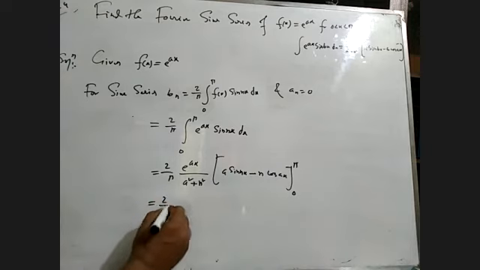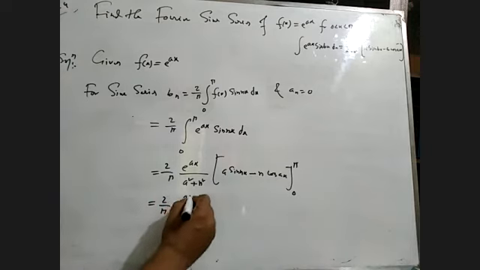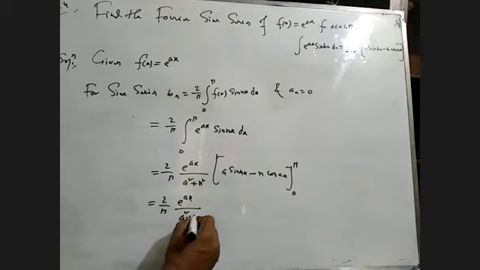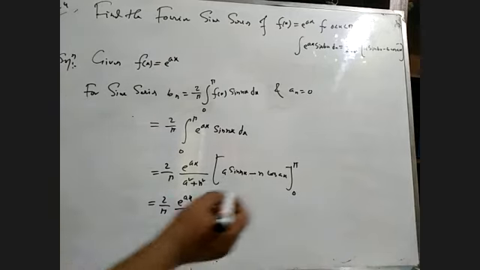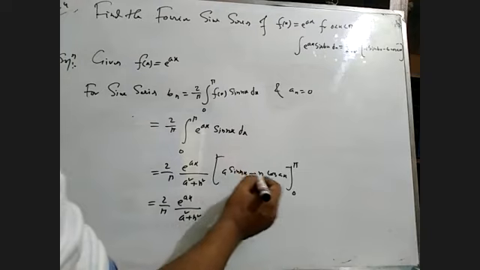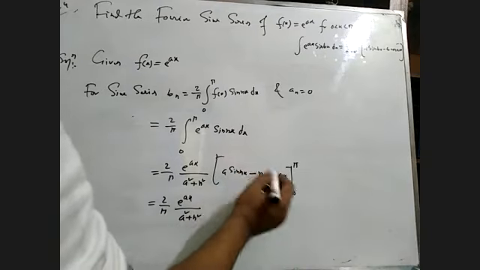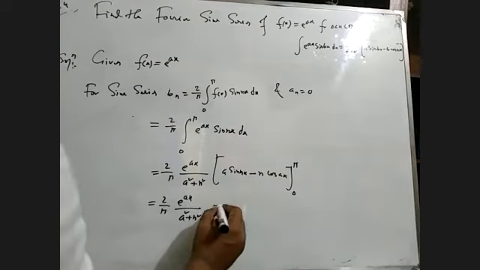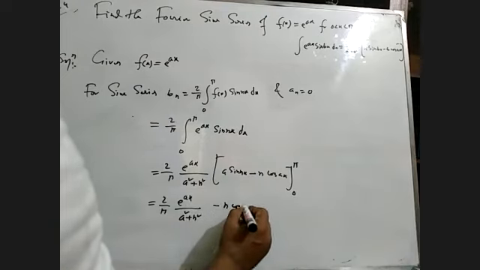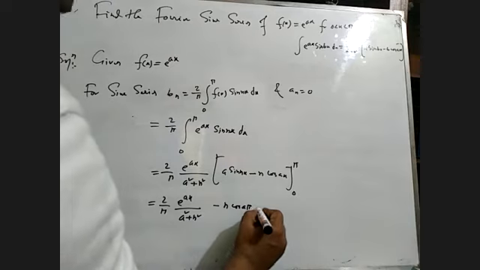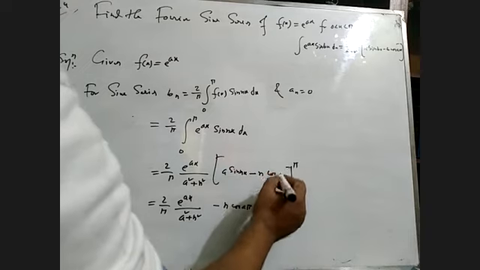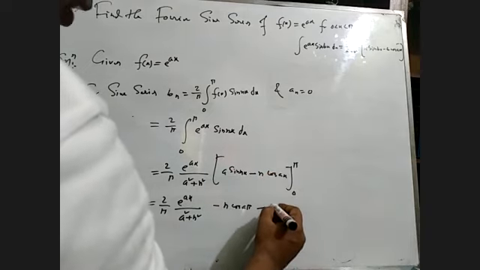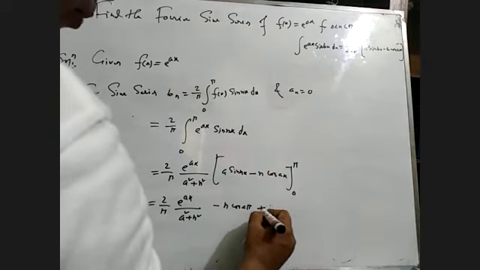Now putting the upper and lower limits, x equals pi: sin pi will be 0, so minus n cos n pi. Minus, putting x equals 0, we get sin 0 equals 0, but only cos, minus n, minus minus plus n.